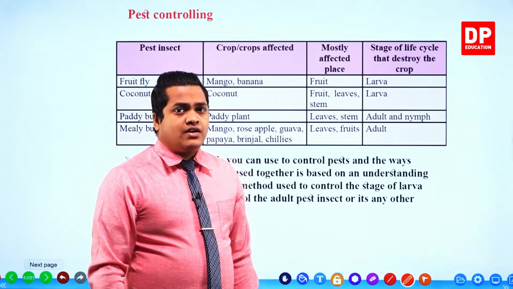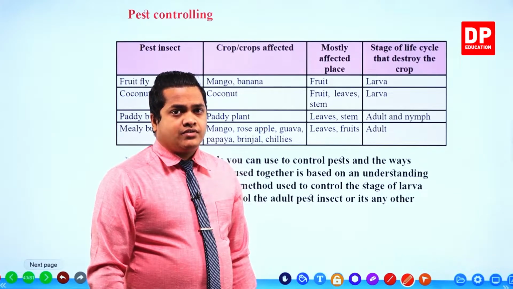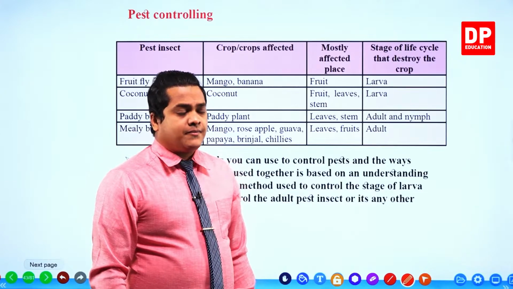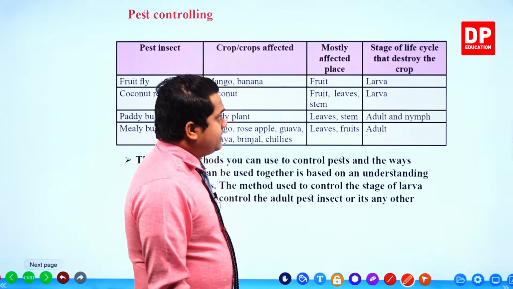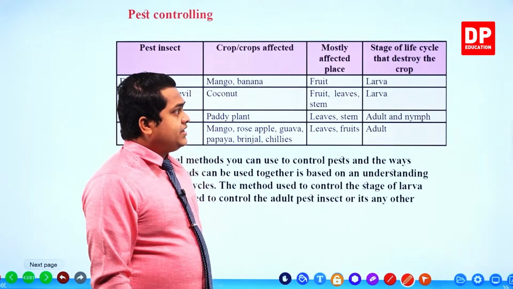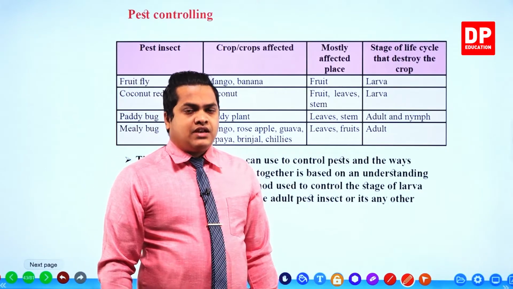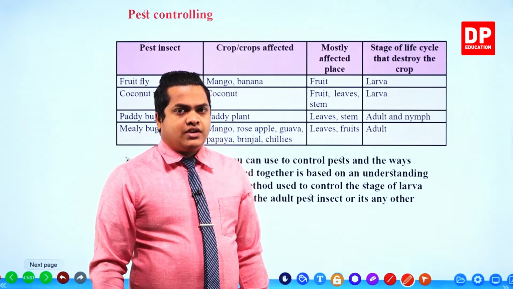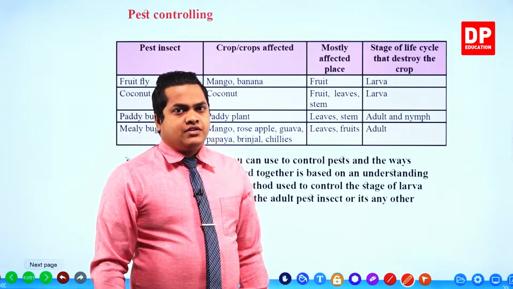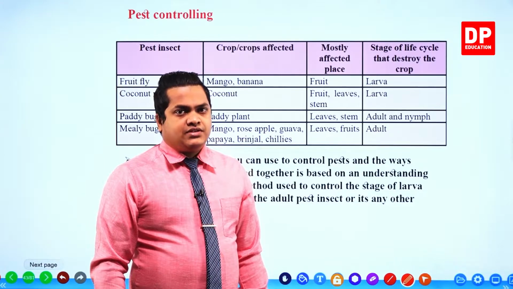The stage of the life cycle that destroys the crop is the larval stage. The larva is the one eating the plant.